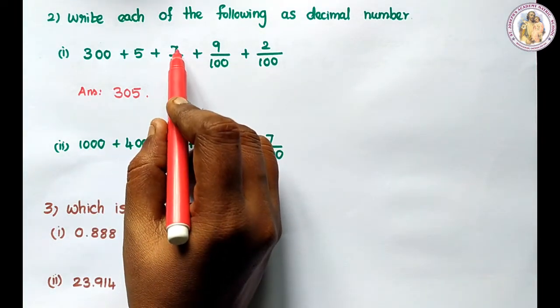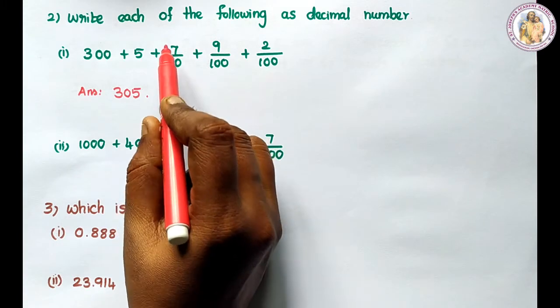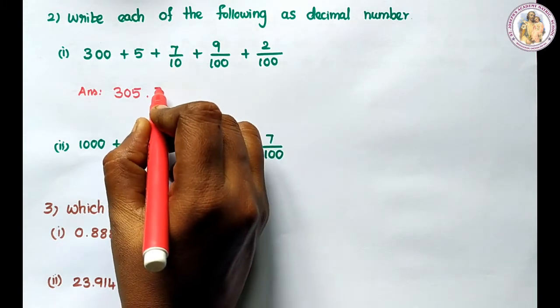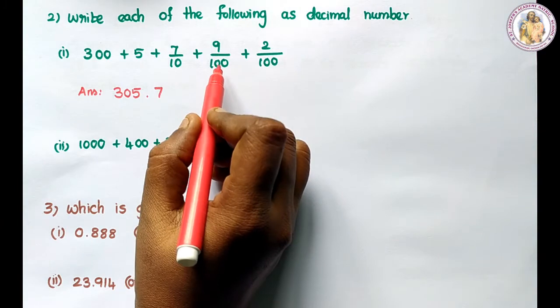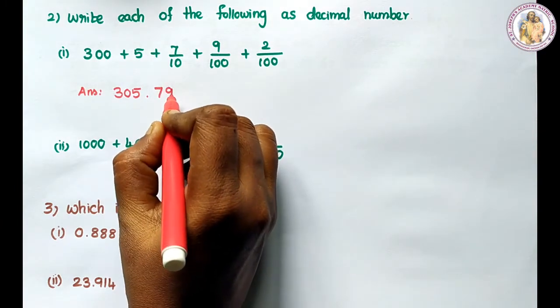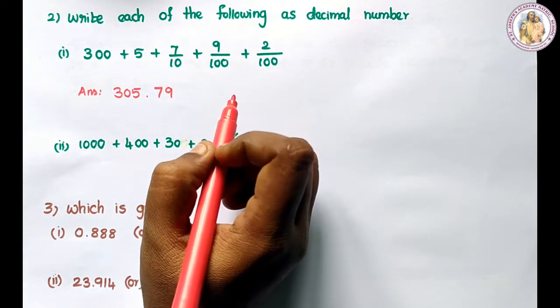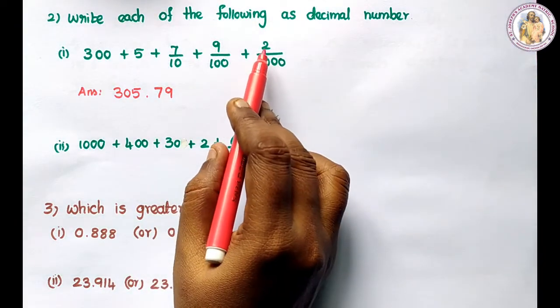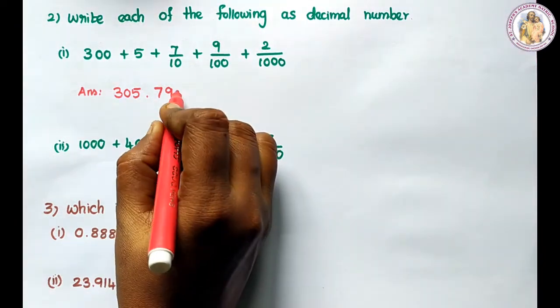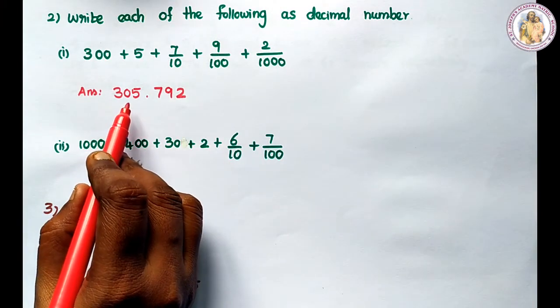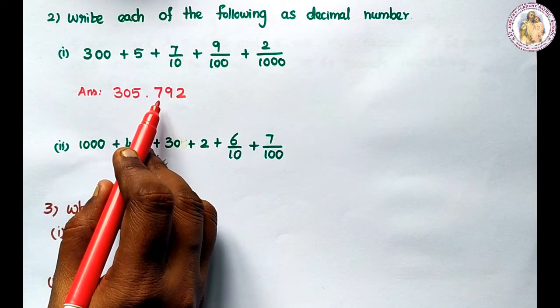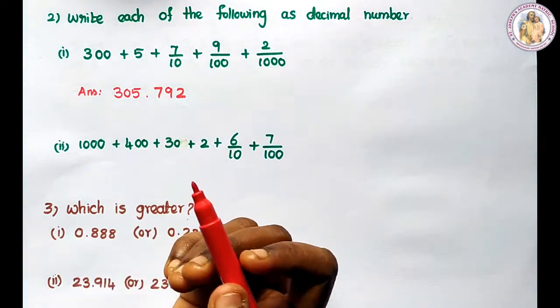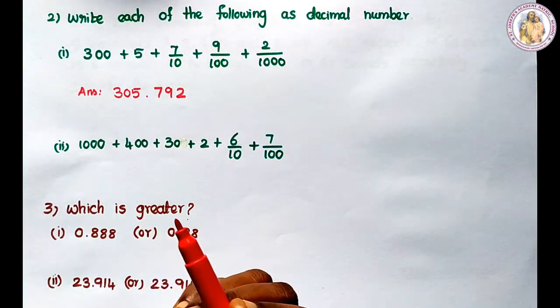That is 7 by 10th, it is in 10th place. So 7. 100th place, that is 9. Next one, 1000th place, that is 2. So 305.792 is the answer.